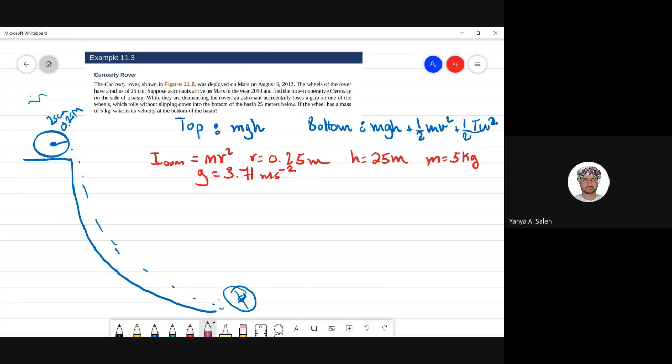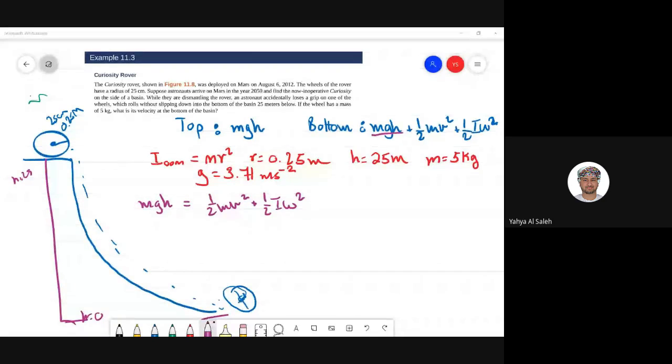So let's write it down. mgh equals. Now this will go to 0 because here h is equal to 0. h equals 0, h equals 25. Half mv squared plus half I omega squared. Now I don't know what omega is, but I know omega is equal to v over r.